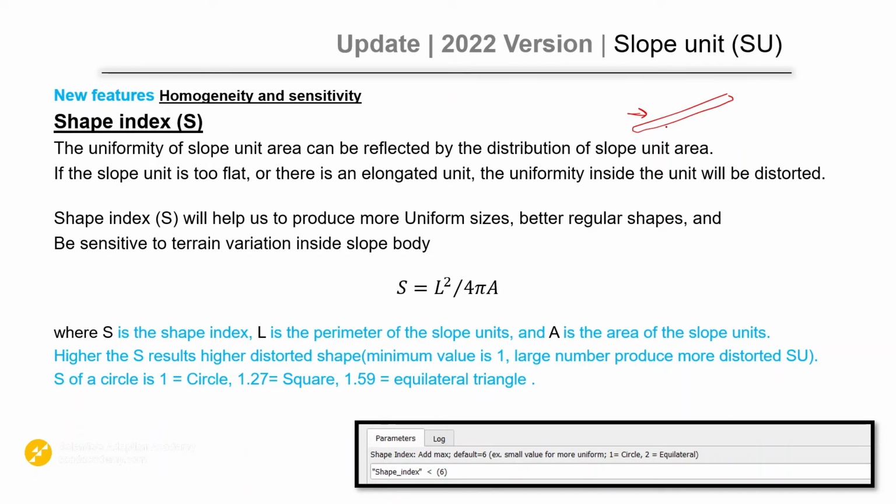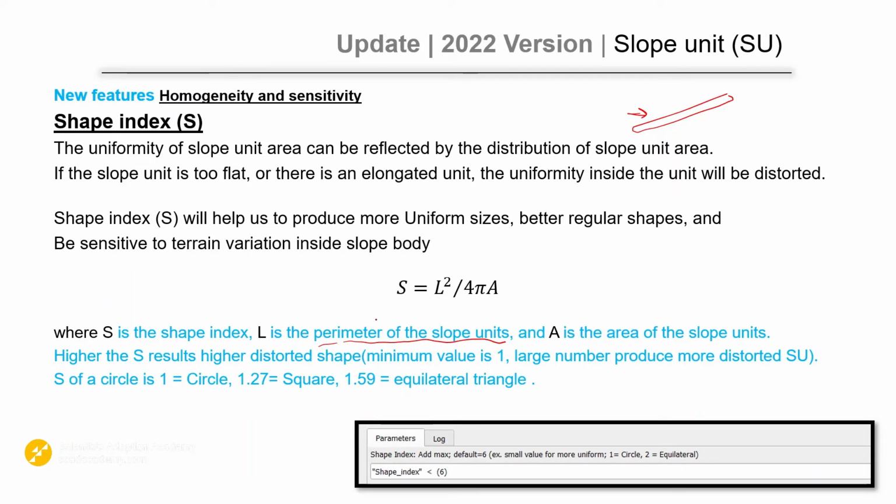That's the issue. In this tool, we produce something we call the shape index. The shape index is a kind of filter that will be applied on the data to select only the shapes that are approximately uniform. So how does it work? We take the relationship between the perimeter of the slope units.